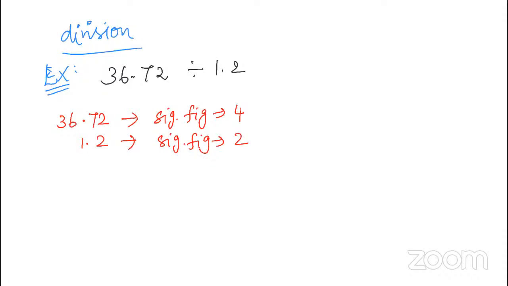Now the given options are A, that is 30.6. And for B, it is 30. And for C, it is 31. And for D, it is 31.2. So which one is the correct one?